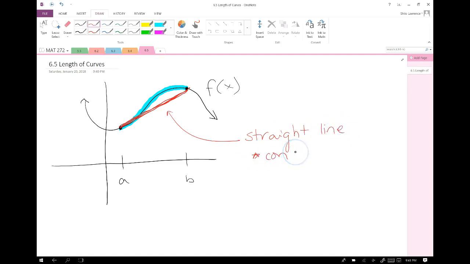Which means there's no change in the slope. If there's no change, then we can use algebra. But when there is a change going on in the slopes, we need to use calculus. Remember, calculus is the mathematics of change.